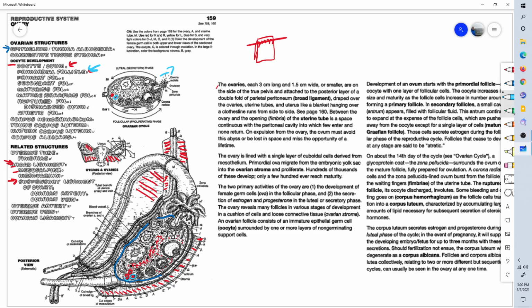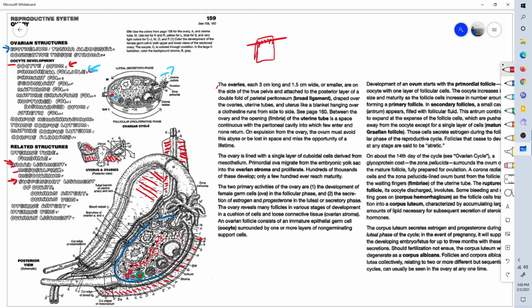And so after it becomes a primordial follicle, what happens next is these follicular cells begin to grow and get bigger and bigger as the ovum itself becomes more nourished and becomes a little bigger as well. And so the follicular layers grow.